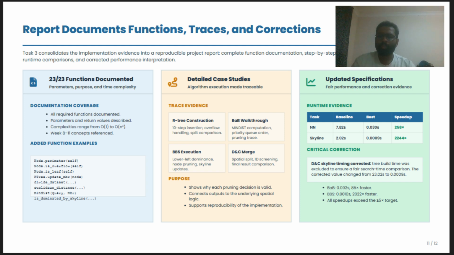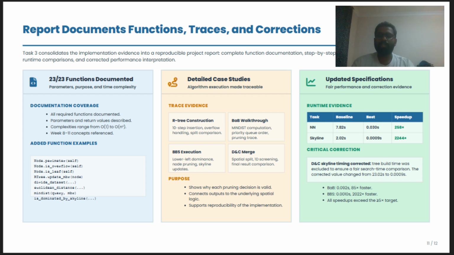Third, updated specifications and corrections. The final result shows nearest neighbor search running in 0.030 seconds, achieving a 258x speedup, while skyline search runs in 0.0009 seconds, achieving a 2244x speedup.